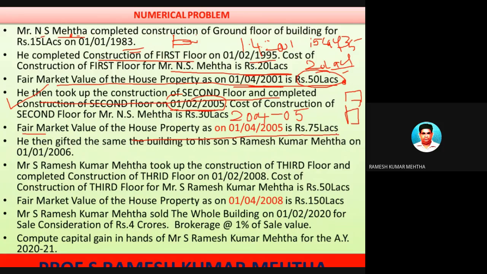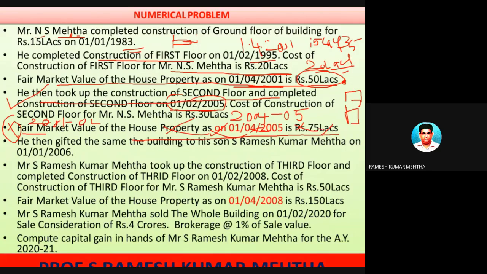Just ignore it. You should not keep in your mind any fair market value of any date except 1/4/2001. So this is irrelevant for us, because indexation started in the year 2001-2002. So this is not required.